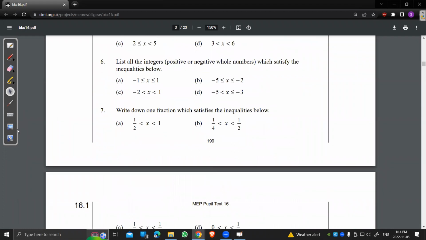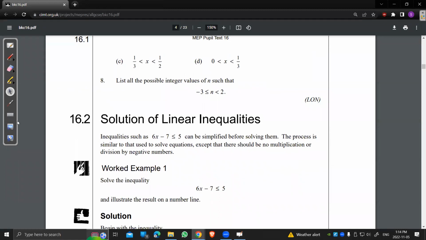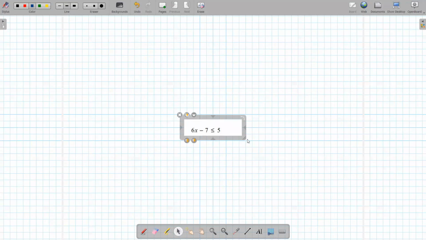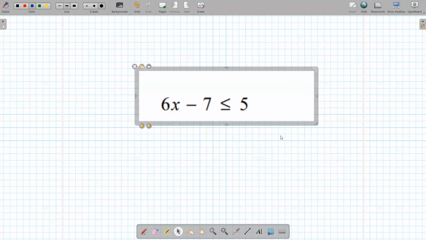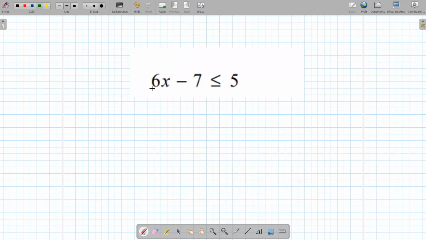Let's see how difficult does this really get. Okay, here we go, linear inequalities. The idea is just the same as linear equations. The only difference is you have to be careful when you're multiplying or dividing by a negative number. How do we solve this inequality? You add 7.